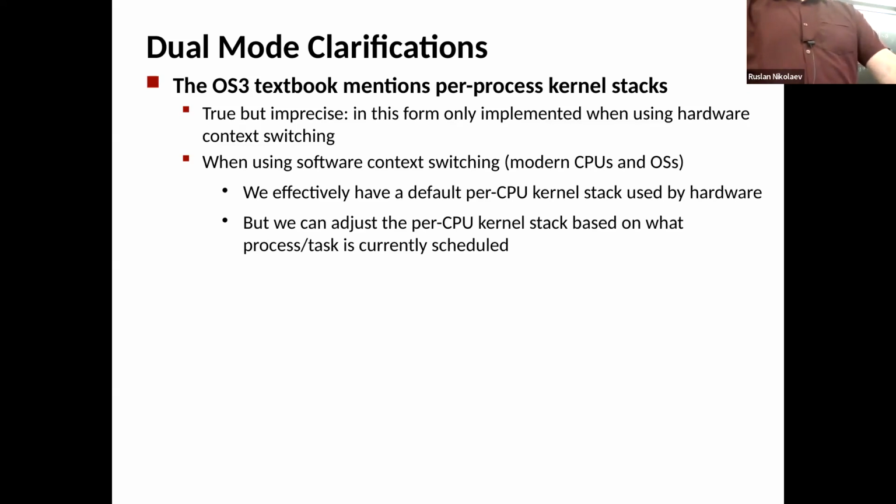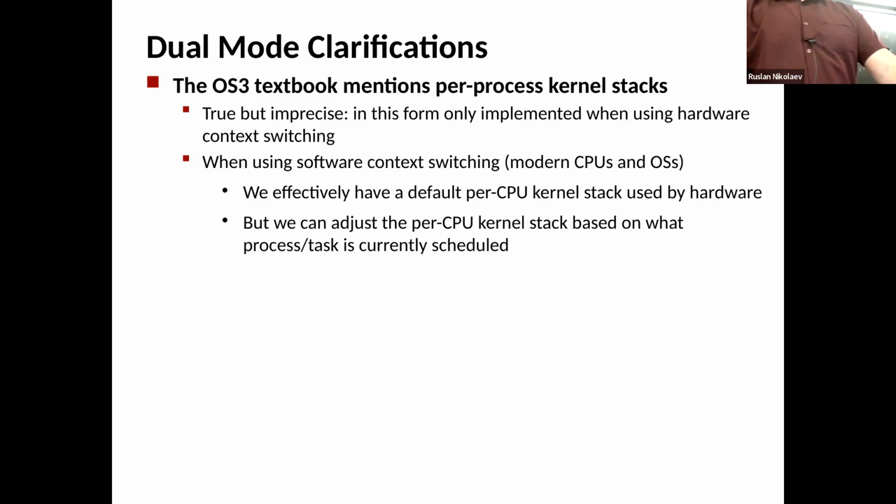Another detail is that in terms of the hardware, there are no processes or threads or any task like this unless you use hardware context switching. In the past, x86 would support hardware context switching, so you could ask the CPU to save and restore all registers. It's not that great because you may have better control of what registers you need to save and restore, and therefore software context switches are much more preferred.